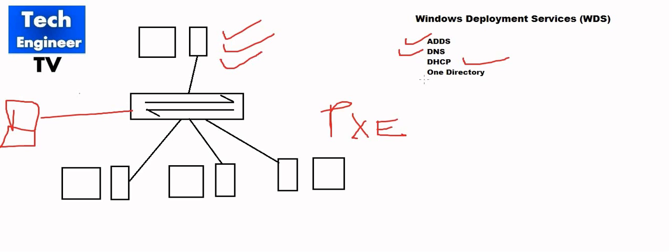Also, one directory is required for WDS, on a volume which needs to be free, and the drive needs to be formatted with NTFS, where the directory resides, for example, the E drive.